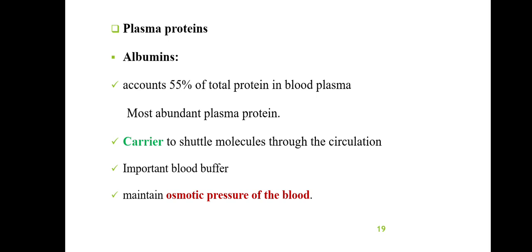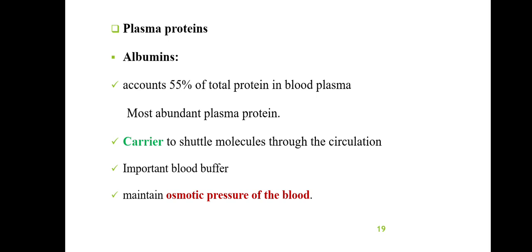So we just want now to spice things up, and always remember to include these percentages. They are very, very important. So in the blood plasma, proteins make up about 6 to 8%.